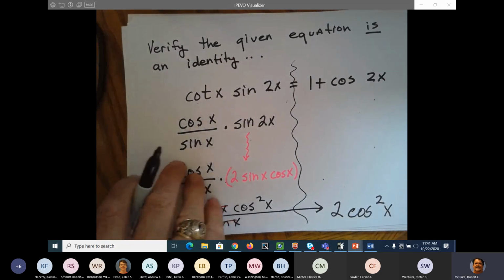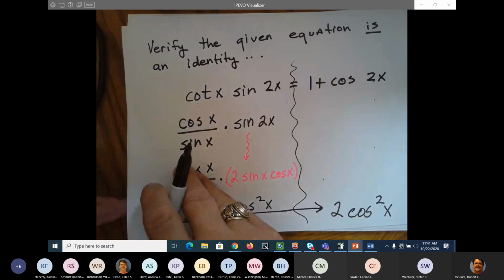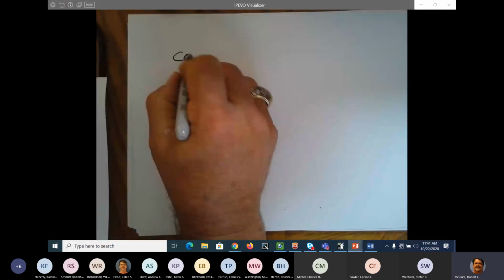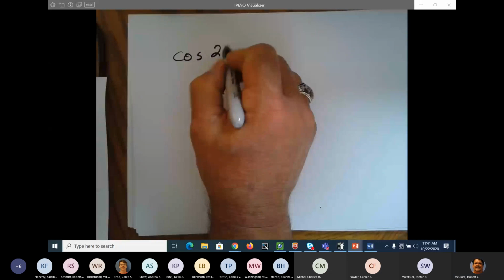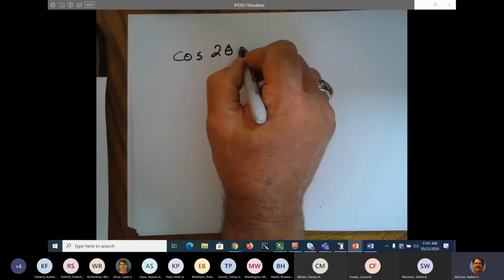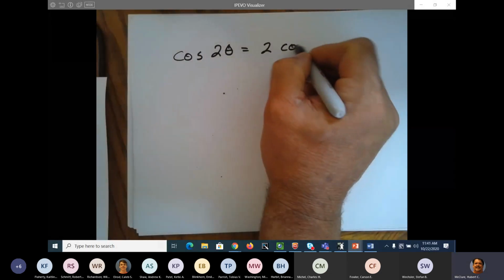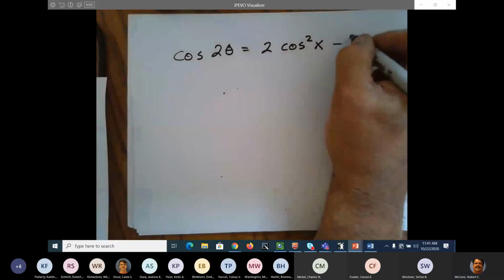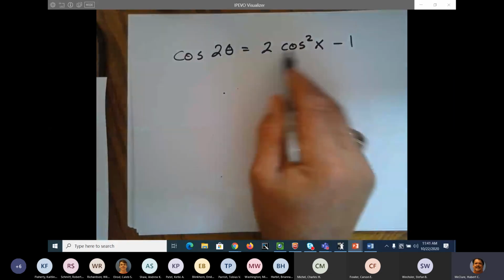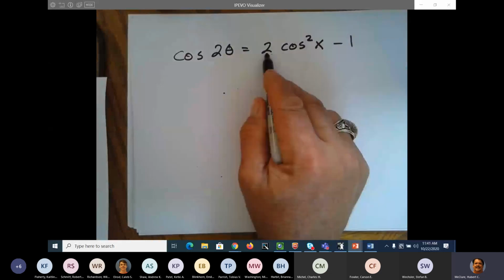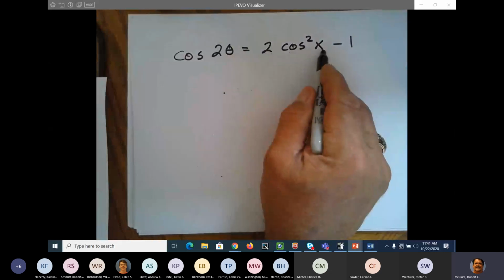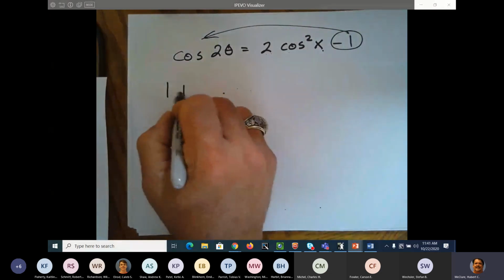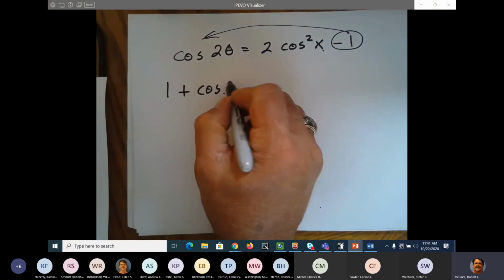We know that the cosine of 2 theta is equal to 2 cosine squared of x minus 1. Now I can solve this, and 2 cosine squared of x, I can take that across, and that's going to be 1 plus cosine 2 theta.